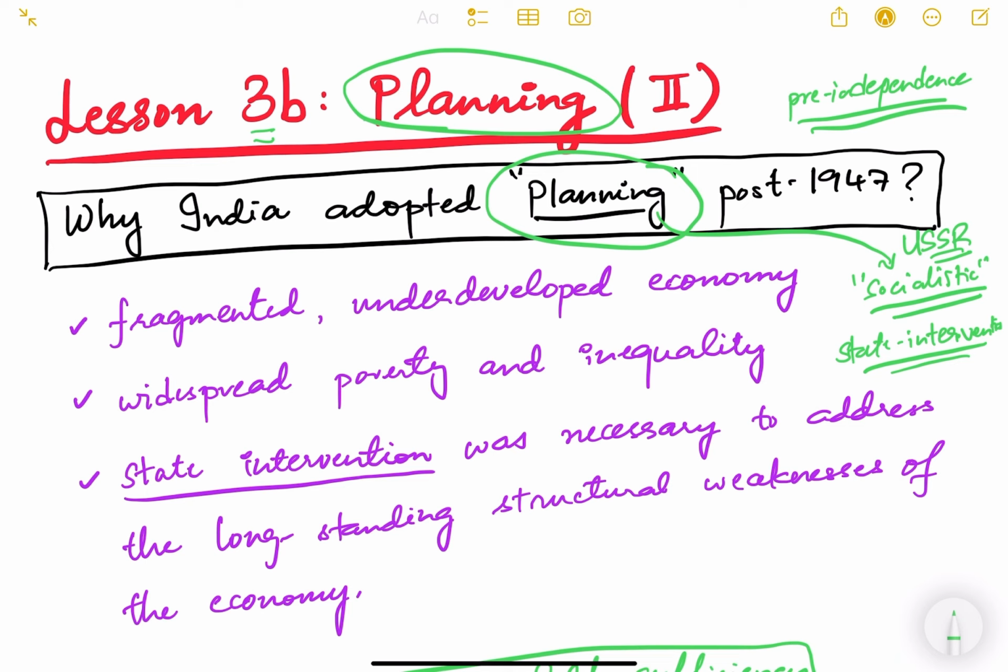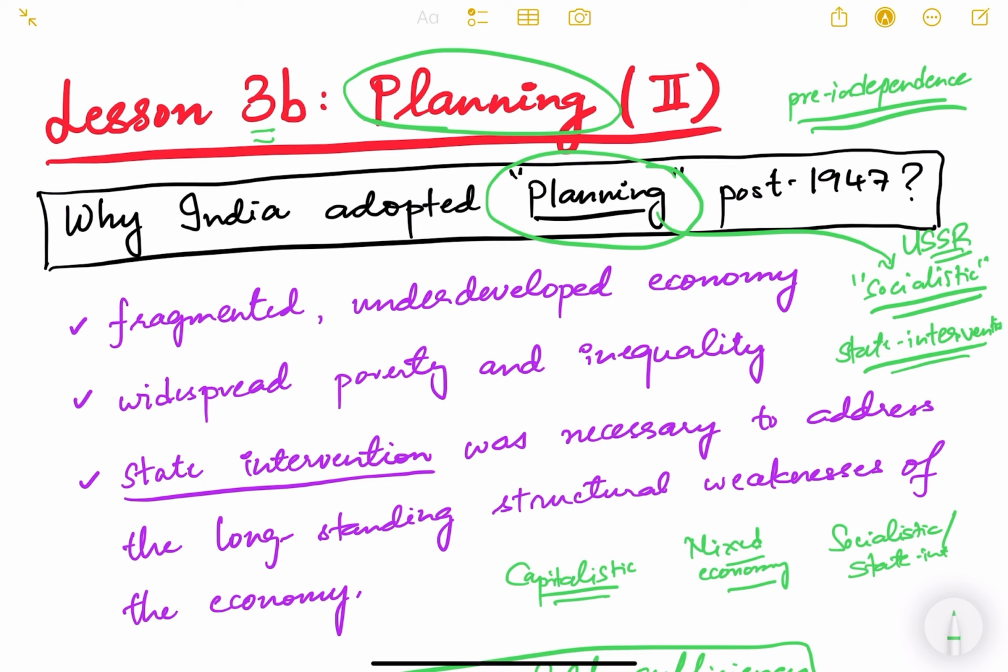So you must be knowing that broadly there are three kinds of economy. One is the capitalistic economy, where everything is left to the free market and private sector. Another is the socialistic, where there is state intervention. And something in the middle is the mixed economy, where some important sectors are handled by the government, that is the state, and others are left to the private sector.